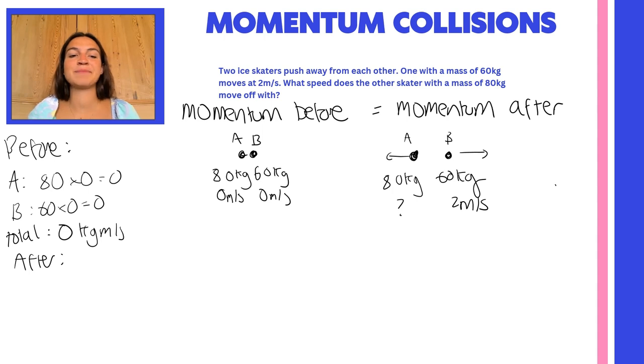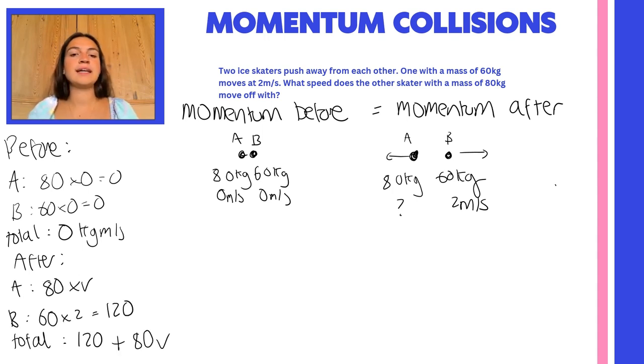Picture before, not very interesting, because these are both stationary, 80 times 0 plus 60 times 0 is just 0. Then my picture after, I have got 80 times some velocity v that I need to work out. And for B, 60 mass times 2 is 120. So in total after, I've got 120 plus 80v.